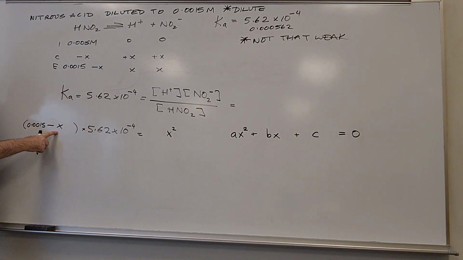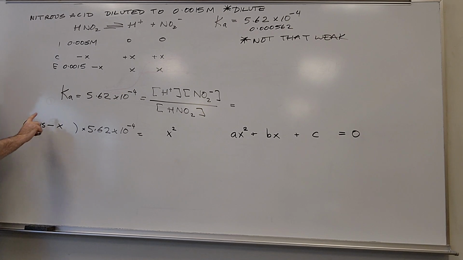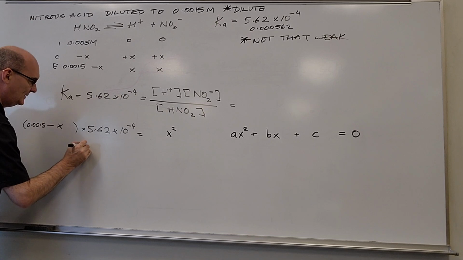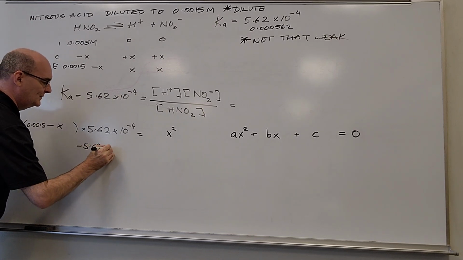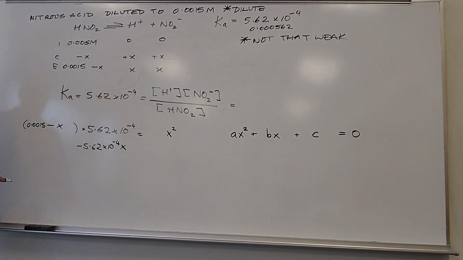That multiplied by that, it just becomes negative. I might choose to move it across the equal sign in a minute. I don't know what that number is, but I've got minus 5.62 times 10 to the negative 4x.